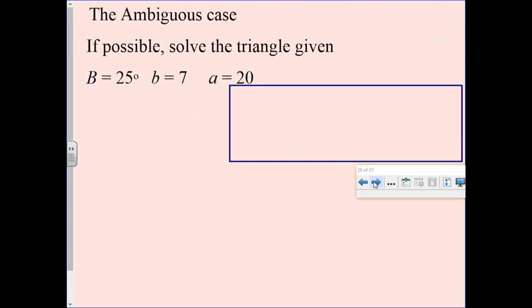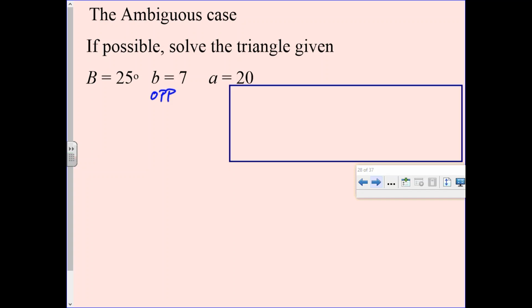So now, these are the values I give you. Angle B, 25 degrees. Side B is 7 and side A is 20. And again, we know that this is the opposite side, right? So as soon as the opposite side is less than the adjacent side, then that means we need to run that test to see if that opposite side will even reach to make a triangle.